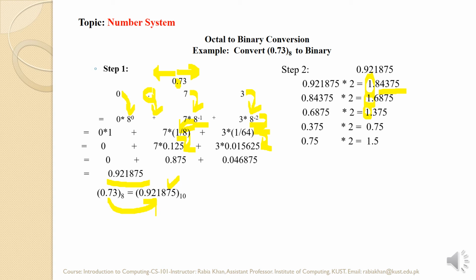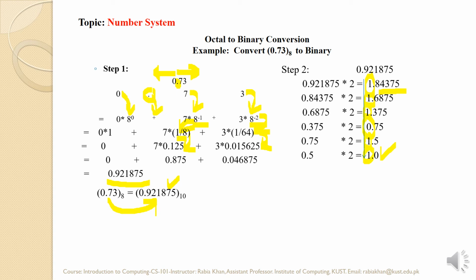The result is 0.75. 0 is the integer part, it is stored, and 0.75 is again multiplied by 2. The result is 1.5. The integer part 1 is stored, and 0.5 is again multiplied by 2. The result is 1.0. 1 is the integer part, it is stored, and the fractional part is 0. That means this is the end of the multiplication process, as if you multiply 0 with 2 again, you will get zeros.